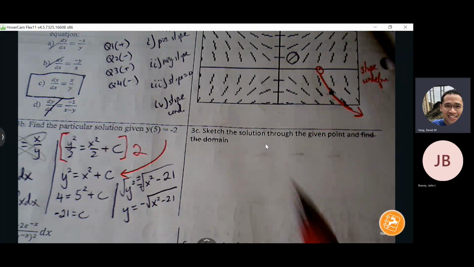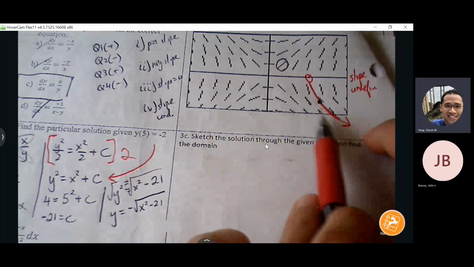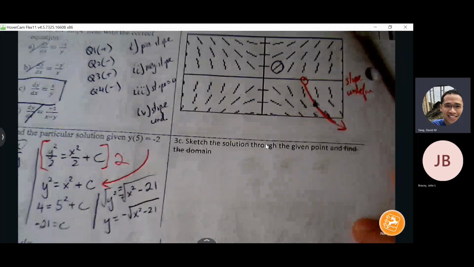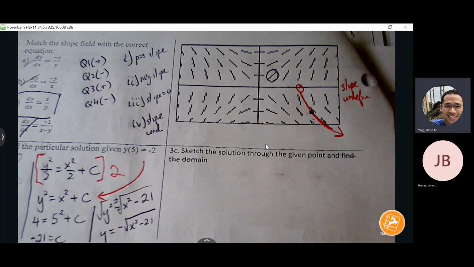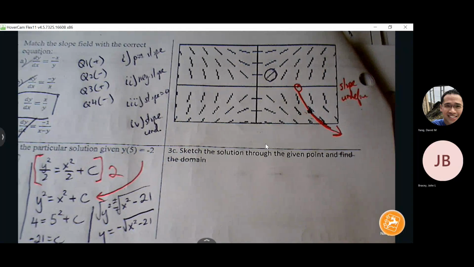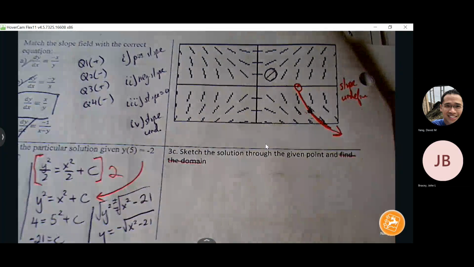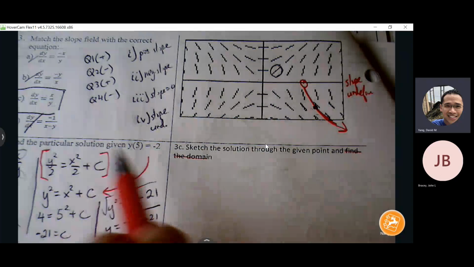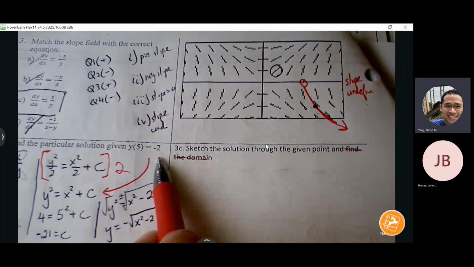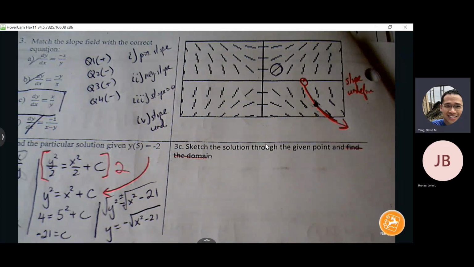But just remember that if you hit a place where the graph is undefined, you're going to go to that point and just stop. You're not going to continue that graph past that point. Okay, we won't worry about the domain right now. Any questions there? So you identify the ordered pair, plot that, and then from there you just follow the stream of the graph.